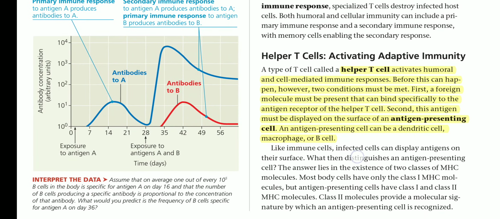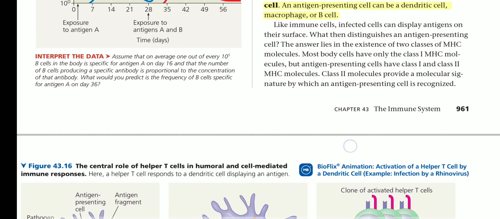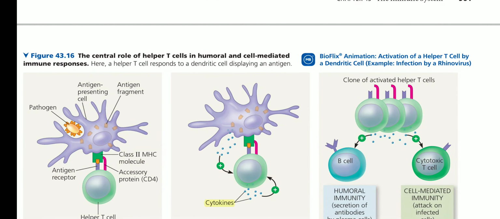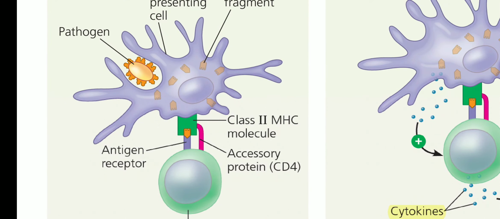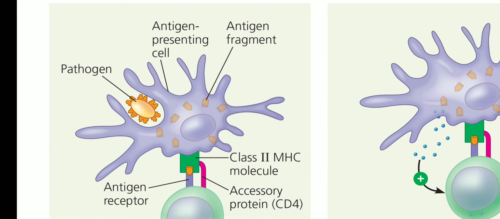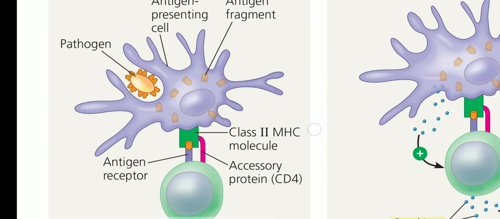Okay, so now let's come to the helper T cell. Hopefully you understand what I'm showing. The picture is very important, so write a note. Okay, the pathogen is taken in inside the cell. And remember, there is a difference between antigen presenting cells and other kinds of cells.